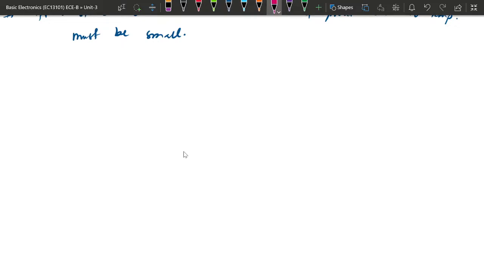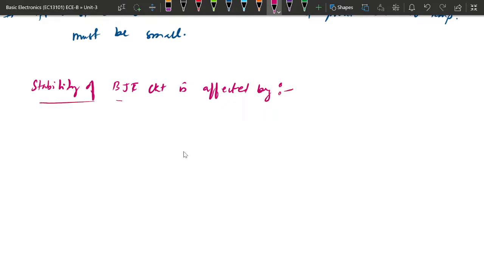Here we will see on what parameters the stability of the amplifier circuit depends. The stability of a BJT circuit is affected by several points. One is temperature instability.